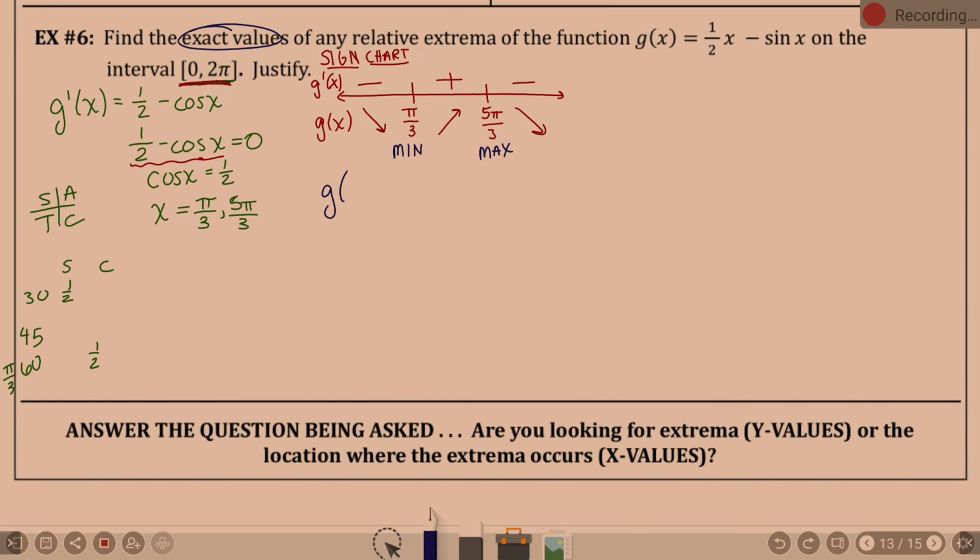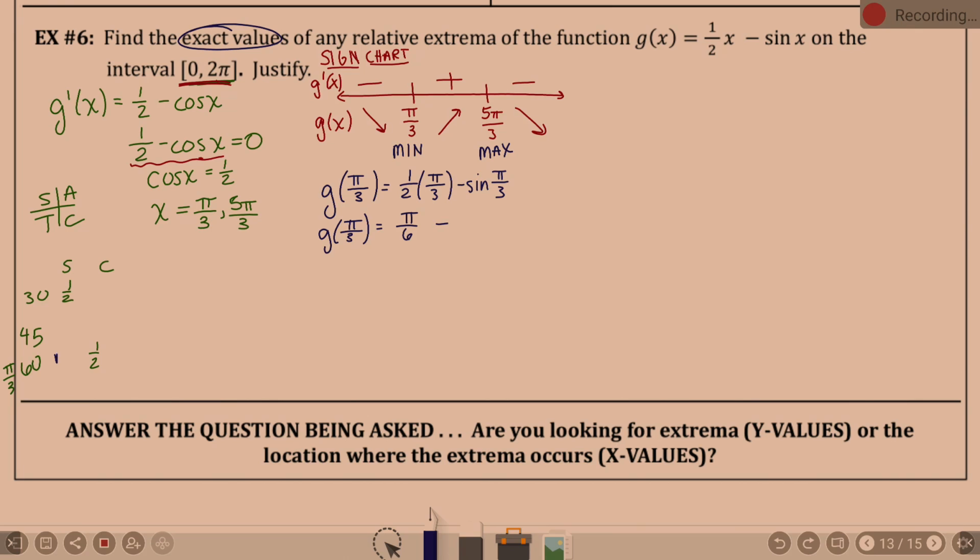So g of pi over 3 is 1 half times pi over 3 minus sine of pi over 3. So that's pi over 6 minus, okay, sine of pi over 3.